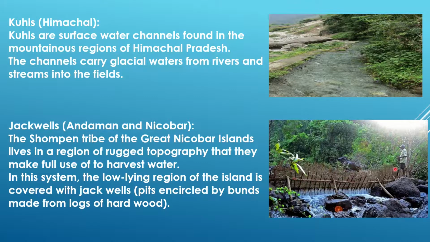You can see the pit encircled by the bunds, and that bund is made of logs and hardwood. So flowing water is getting diverted again, but before that, it is getting collected in the wells or pits, and then extra water is flowing down.